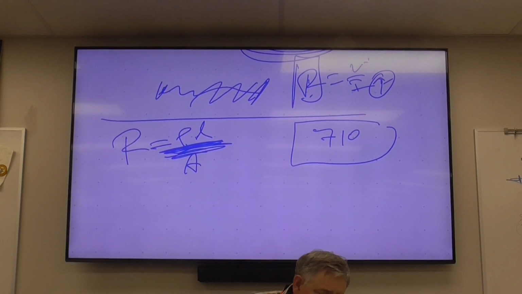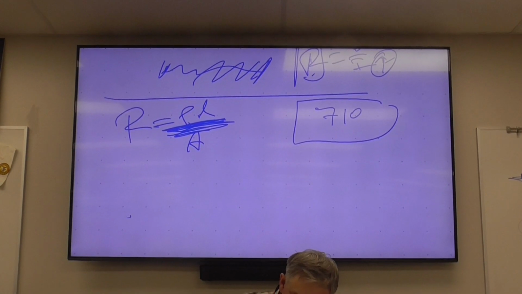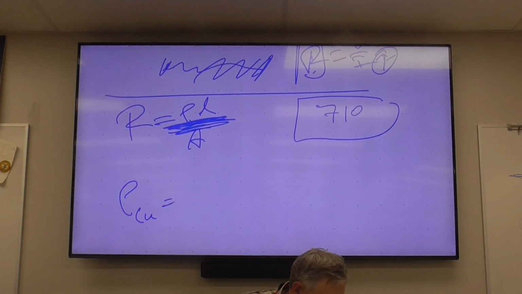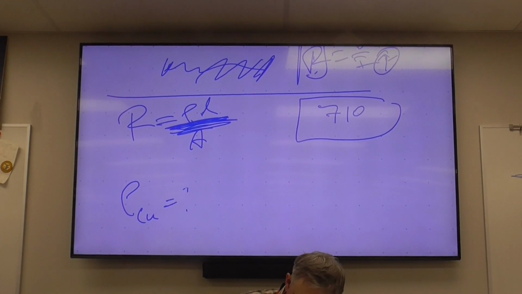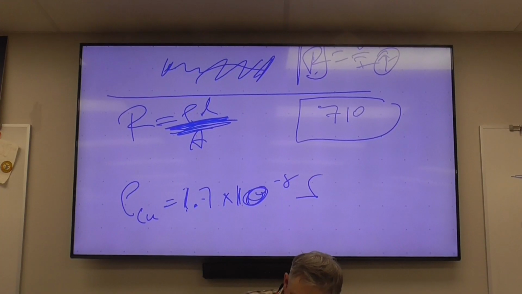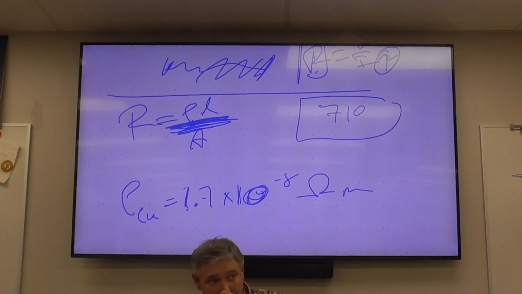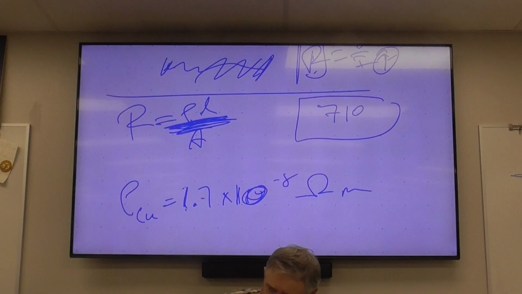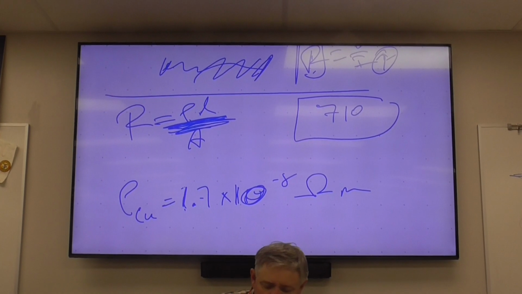For example, the resistivity of copper is 1.7 times 10 to the negative 8th, with some weird units of ohm meters, which looks weird, but it makes everything play out.